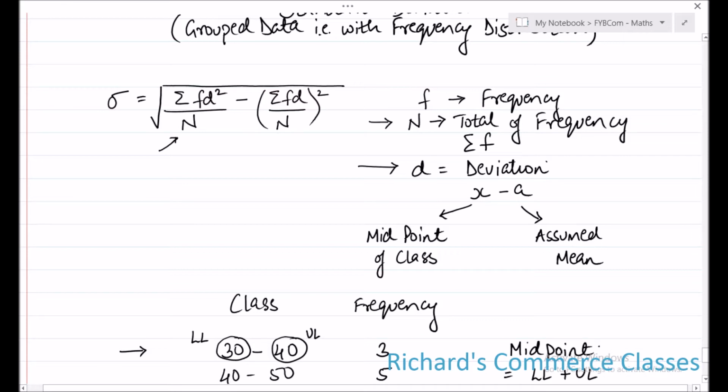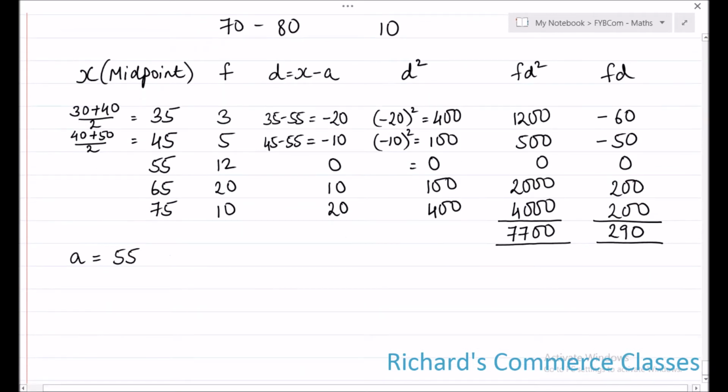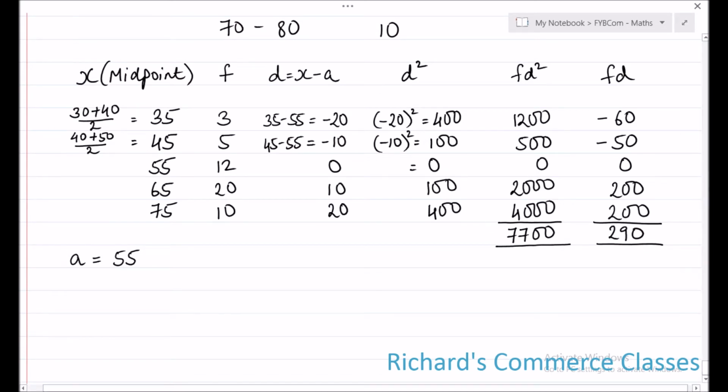Now we have the frequency column, so if you just take the total of that column, you will get capital N. So going to our solution, our second column is the F column, and if you take the total of that, you will get N. N would be your total of F, that is 50. 3 plus 5 plus 12 plus 20 plus 10. The answer is 50.